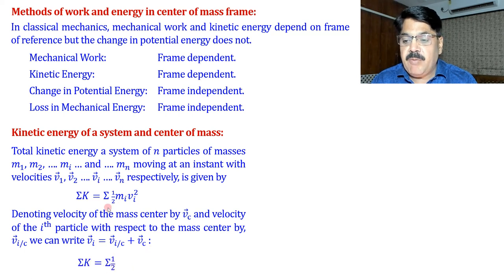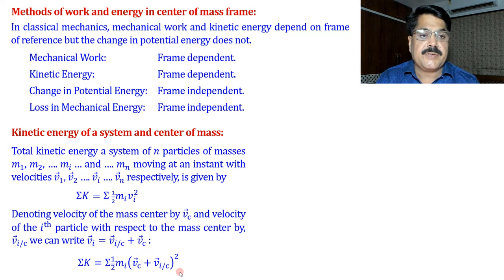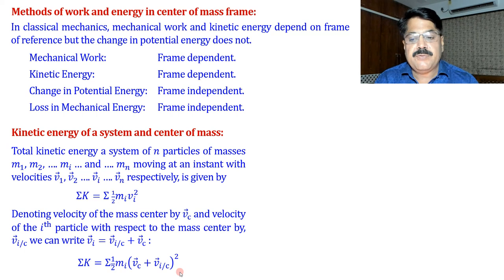So what it will be? Summation K will be summation half mi times vi with respect to c plus vc, or vc plus vi with respect to c, whole square. Now it is the square of a vector quantity. So the square of a vector quantity is the self product, meaning the dot product of the vector with itself. So that is called self product. So let us write it further.